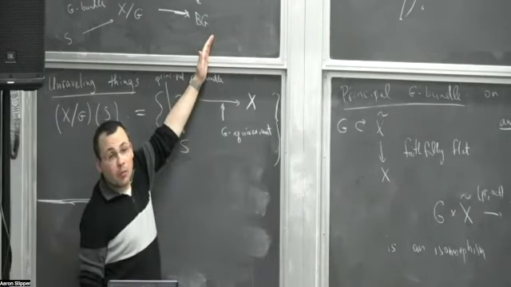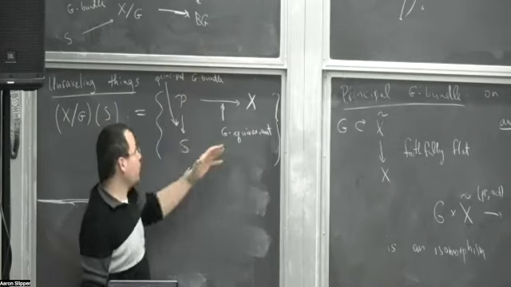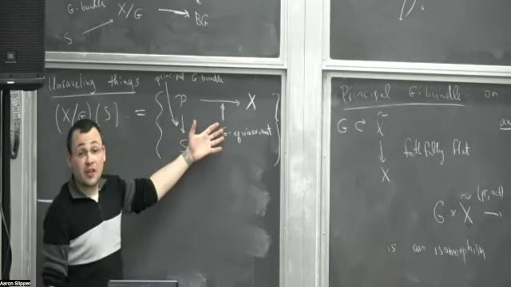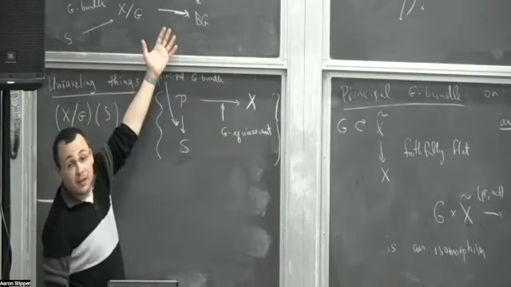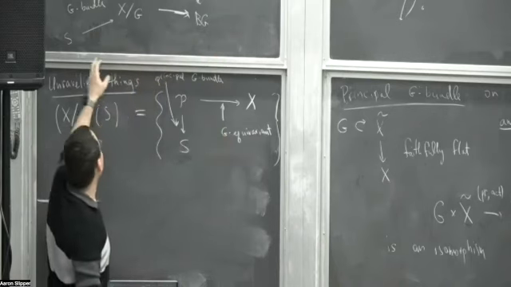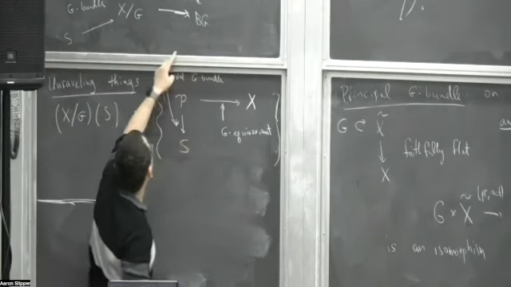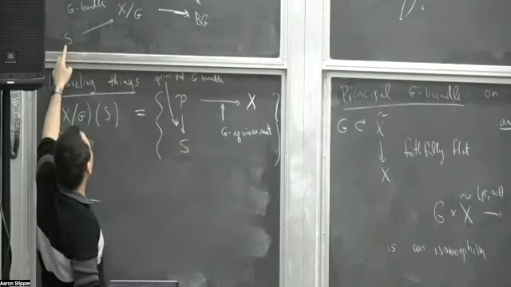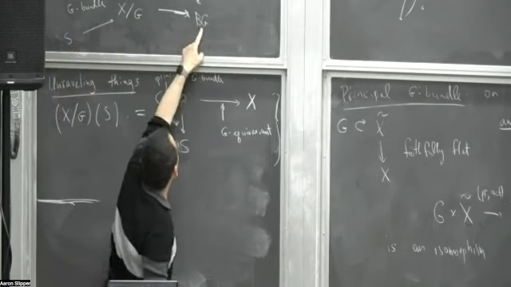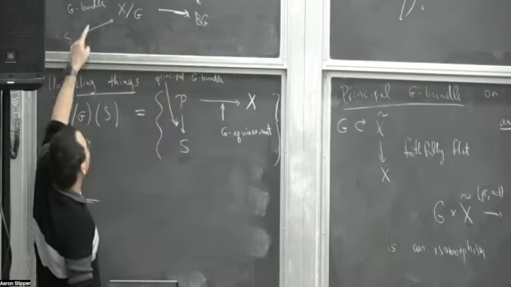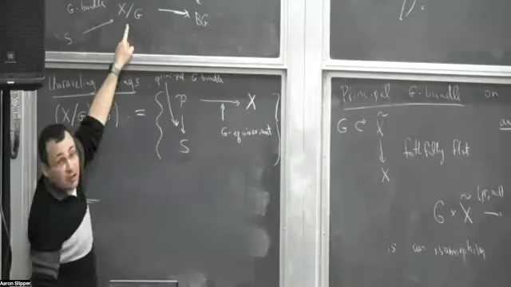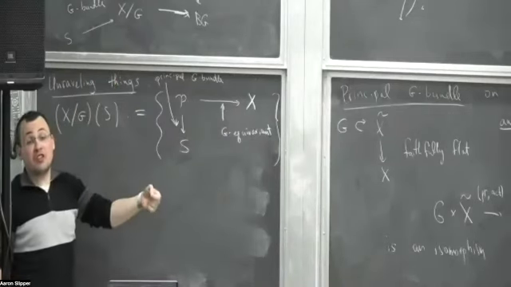And now, let me describe this unraveling. It's in terms of this embedding over here: if I map S to BG, and I fix the map from S to BG, the remaining data is a map from S to X mod G, which is over BG.